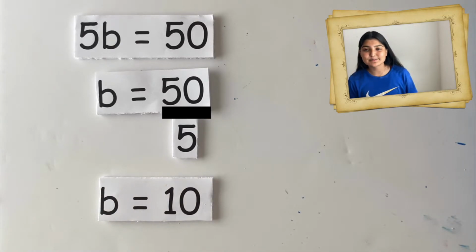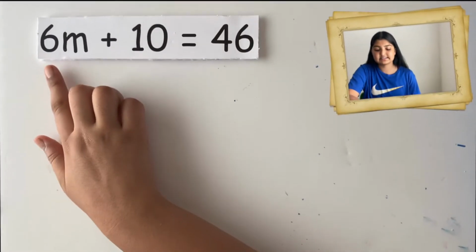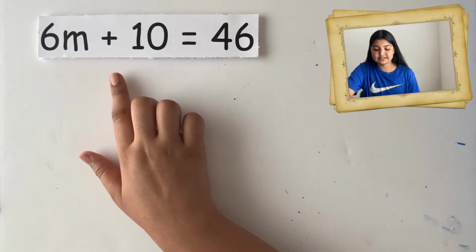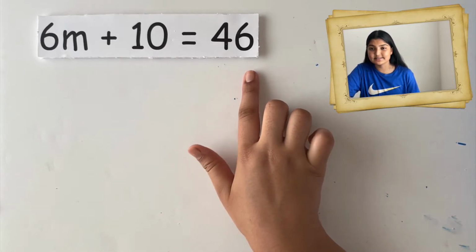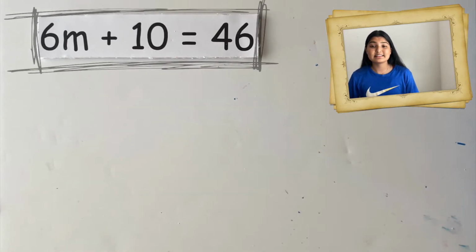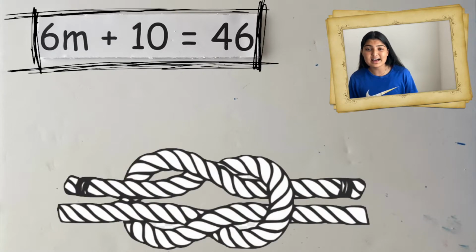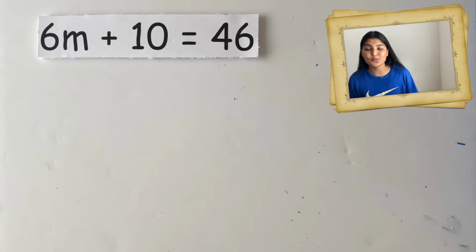Now let's spice it up a bit. 6m plus 10 is equal to 46. Now this equation looks a little complicated to solve, but let's take it one step at a time. Let's start by writing this equation again.